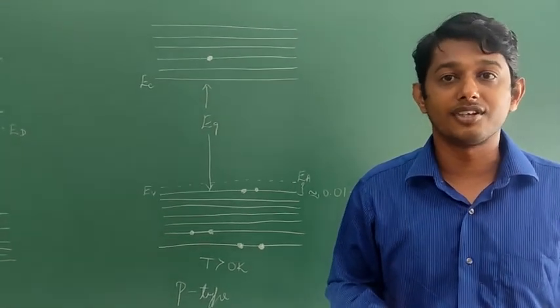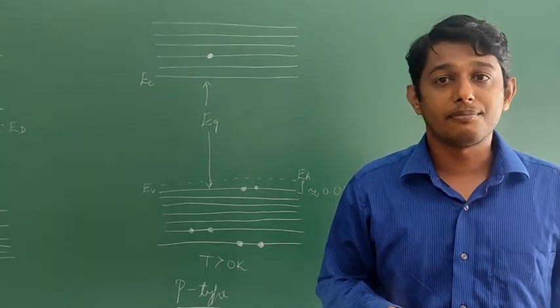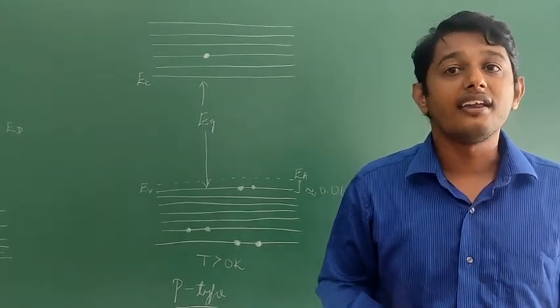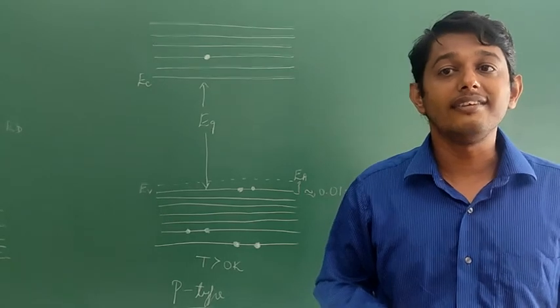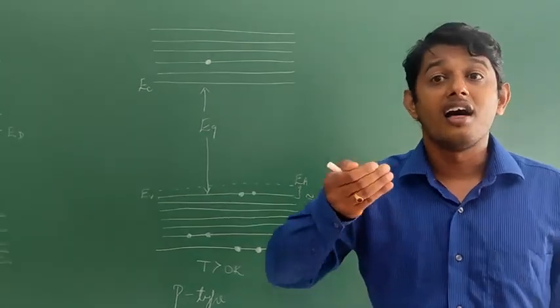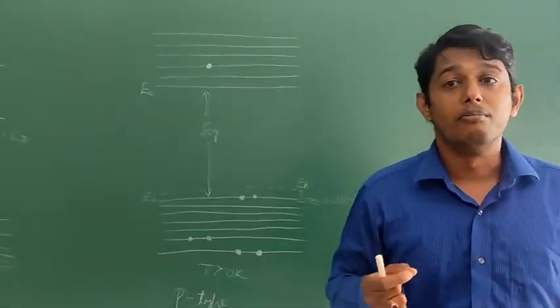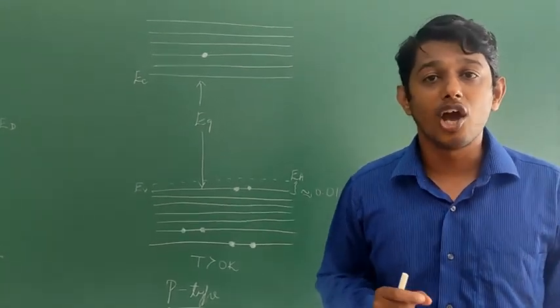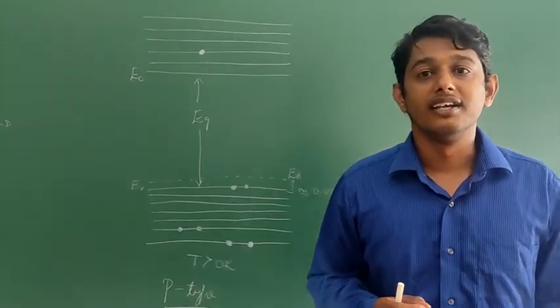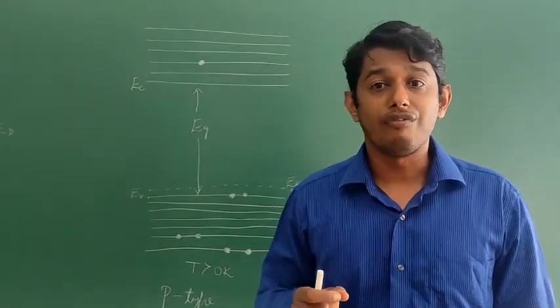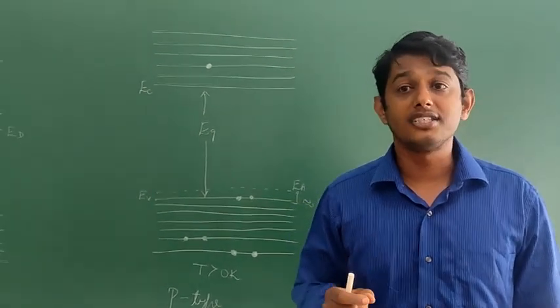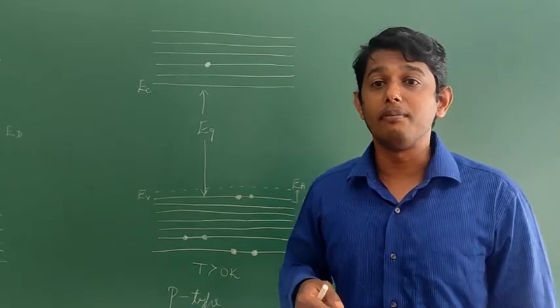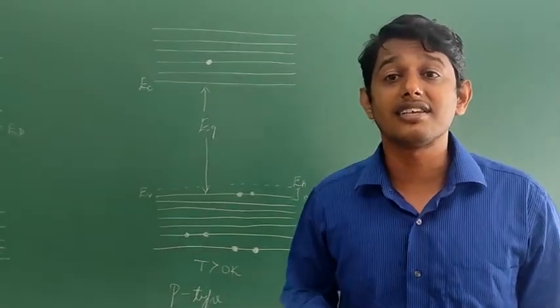At room temperature, most of the acceptor atoms get ionized, leaving holes in the valence band. The density of holes in the valence band is predominantly due to the impurity in the extrinsic semiconductor.